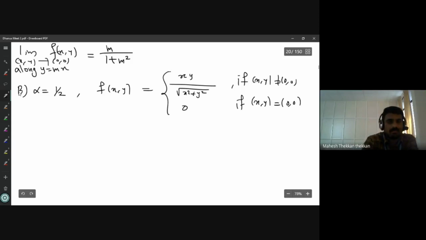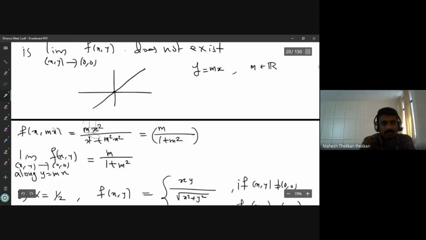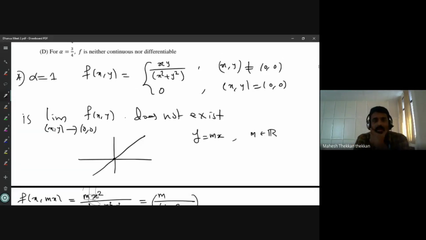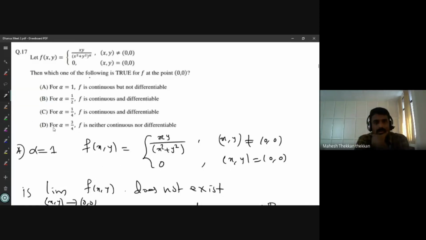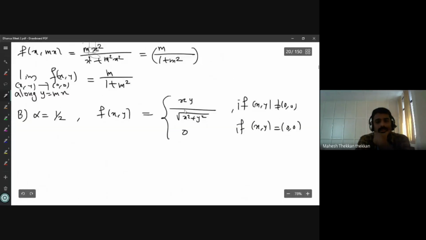Okay. So now you look at again the limit value. I will give you one observation that you have to make. Suppose you look at this function: in the numerator you have xy and in the denominator you have square root of x square plus y square.